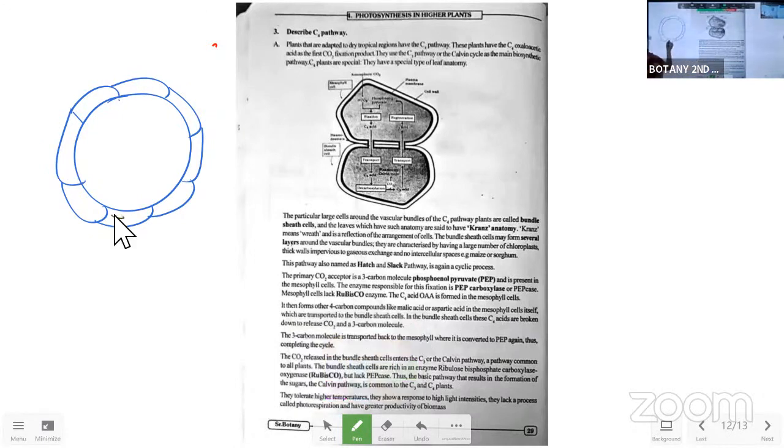And these chloroplasts are present in a garland-like occurrence. So this is called the Kranz anatomy. This can be seen in a few plants showing somewhat xerophytic adaptations, for example sugarcane and maize. So this is the one we have to write. This is the Kranz anatomy.